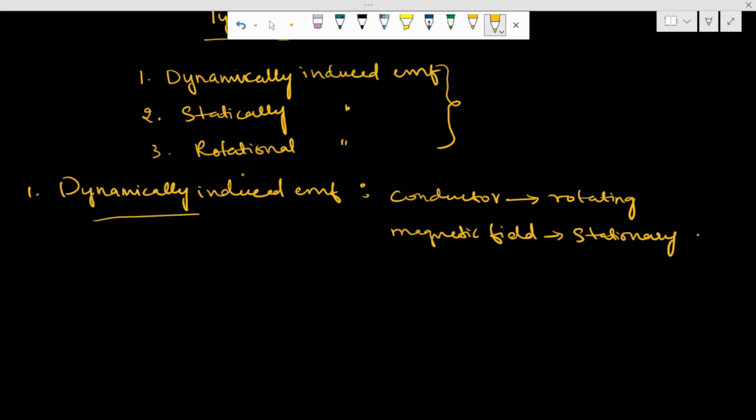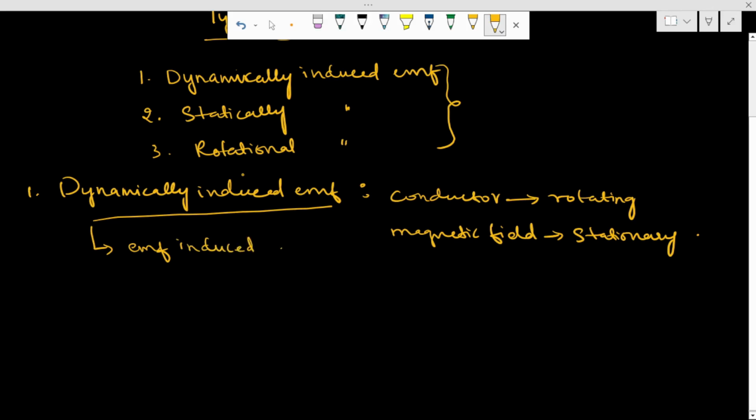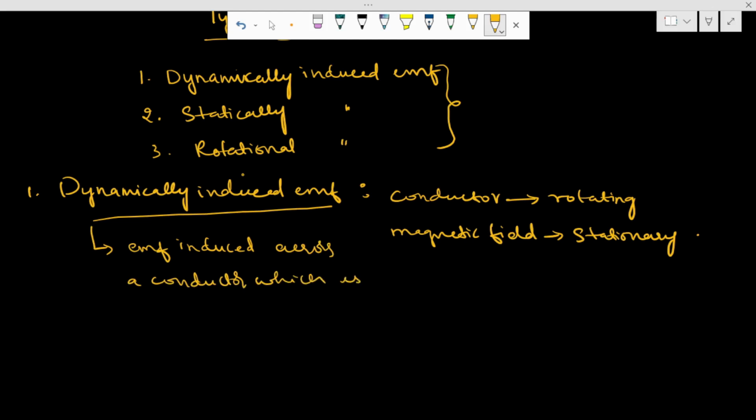The statement of the dynamically induced EMF is: EMF induced across a conductor which is moving in a time invariant magnetic field.